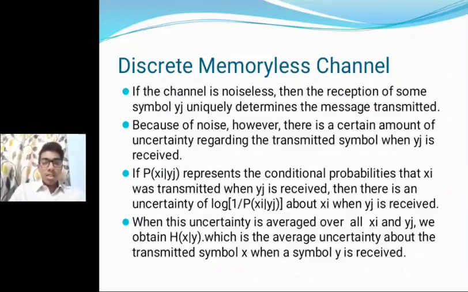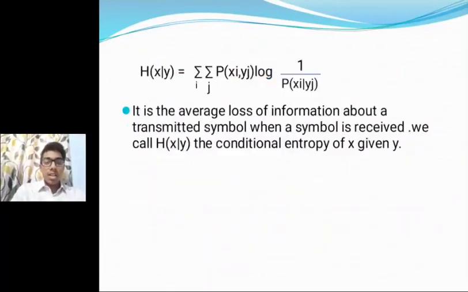Now when this uncertainty is averaged, that means we average over all the transmitted symbols xi and received symbols yj, we obtain H(X/Y), the entropy of the uncertainty when xi is transmitted and yj is received. So H(X/Y) is equal to the summation over i and the summation over j of p(xi, yj), the joint probability of xi and yj, times log 1 by p(xi/yj). This equation is the average loss of information about the transmitted symbol when a symbol is received.